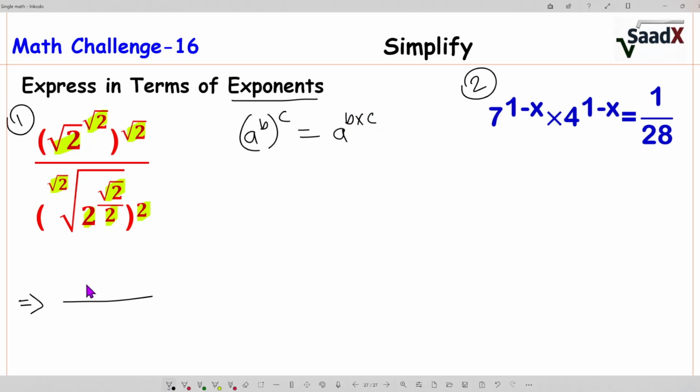So this is root 2, and this one we can write as root 2 times root 2. Why? Because look, this is a, this is b and this is c. So b and c will be multiplied. So root 2 times root 2.